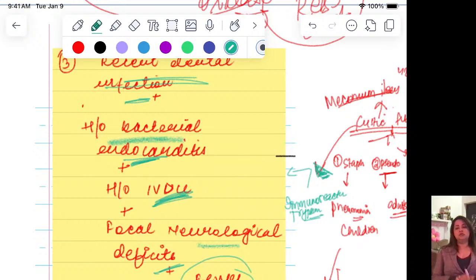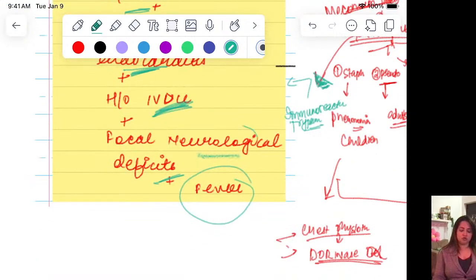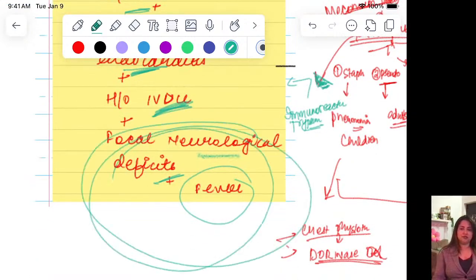Okay. So what is the diagnosis here? Try to answer the questions, please. Anyone? Dental infection, IV drug user, bacterial endocarditis की history है. Now patient is also having fever and focal neurological deficits.